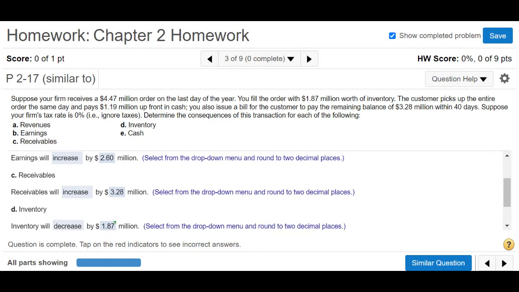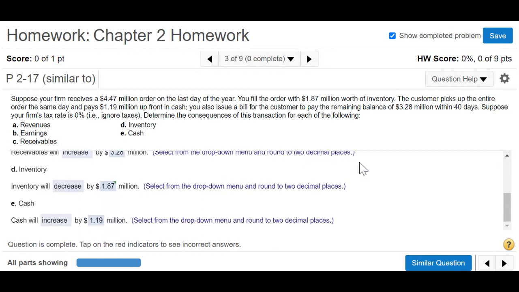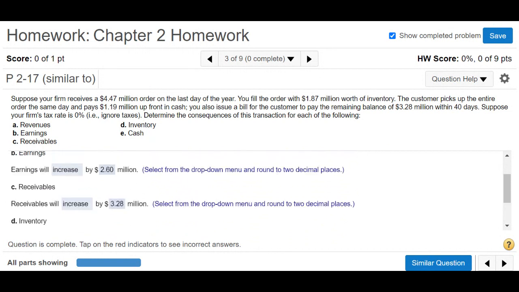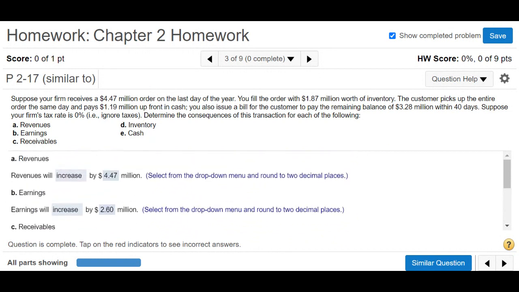Our inventory went down by 1.87 because we filled it. And then last but not least, they paid us cash up front of 1.19, so our cash increased. Do you understand that now? Yes, Professor, thank you so much.